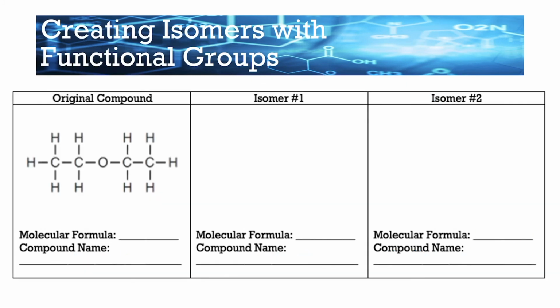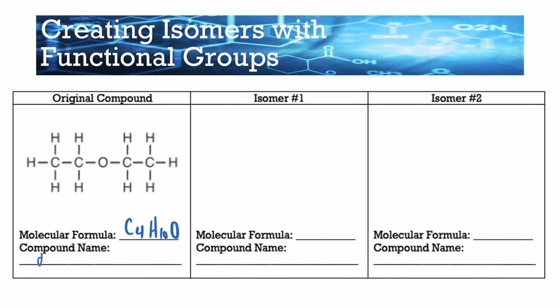Okay, last example for today is this compound. And if you notice, this is still the same formula we were working with on the previous question. So the formula is still C4H10O.